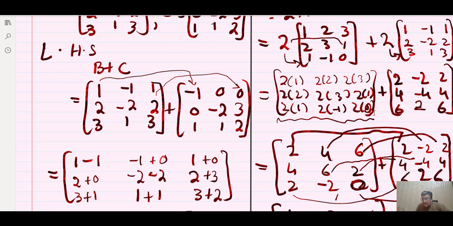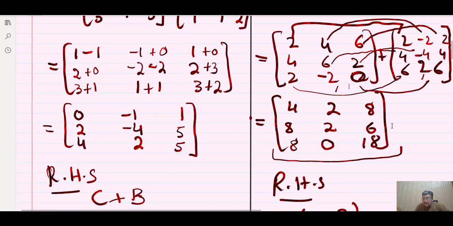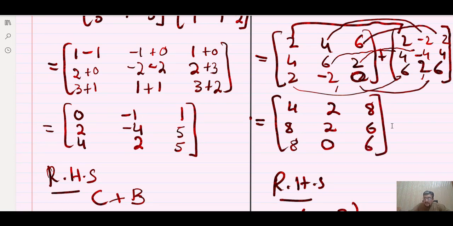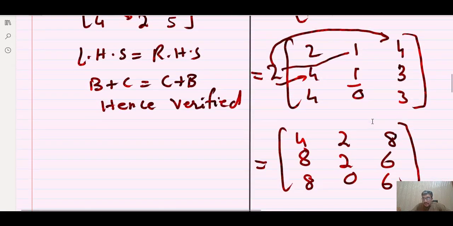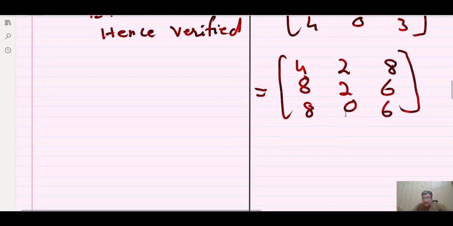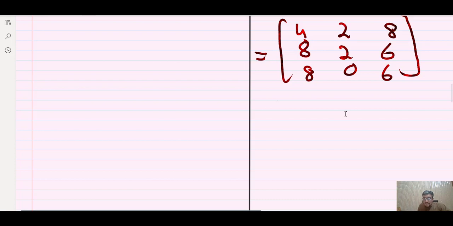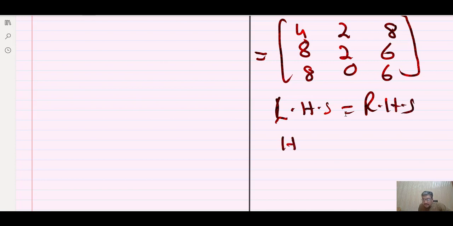So 0 plus 6 gives you 6. So it will not be 18, it will be 6. So now both matrices of the left hand side and right hand side are the same, so we will say that left hand side is equal to right hand side, and hence it is verified.